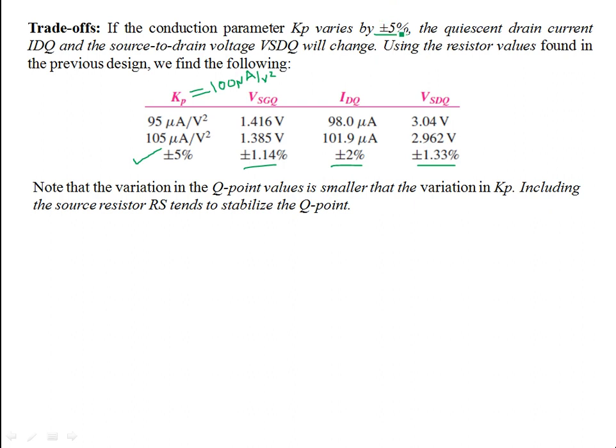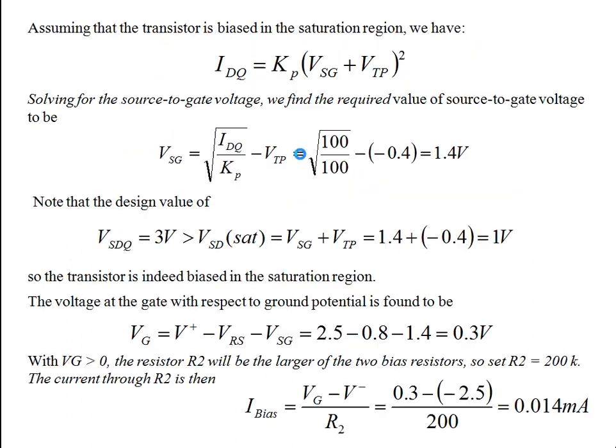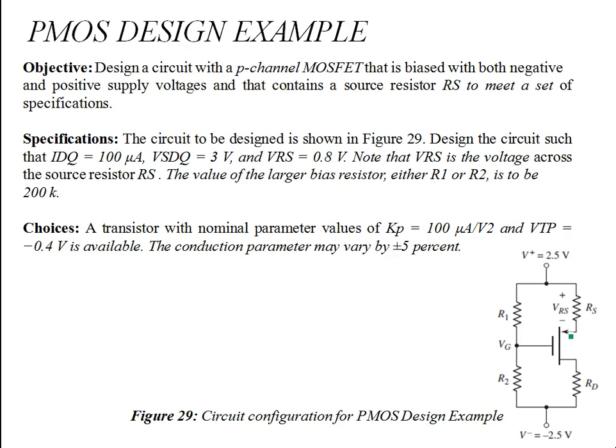For designing a MOSFET as a common source circuit, RS tends to stabilize the Q point, so the variation is not much. You see over here you have the RS in the PMOS device.